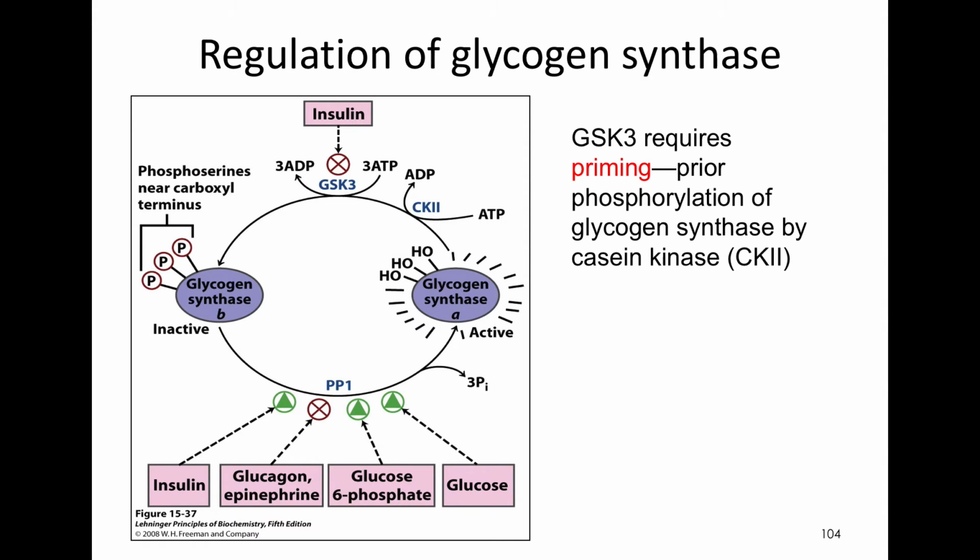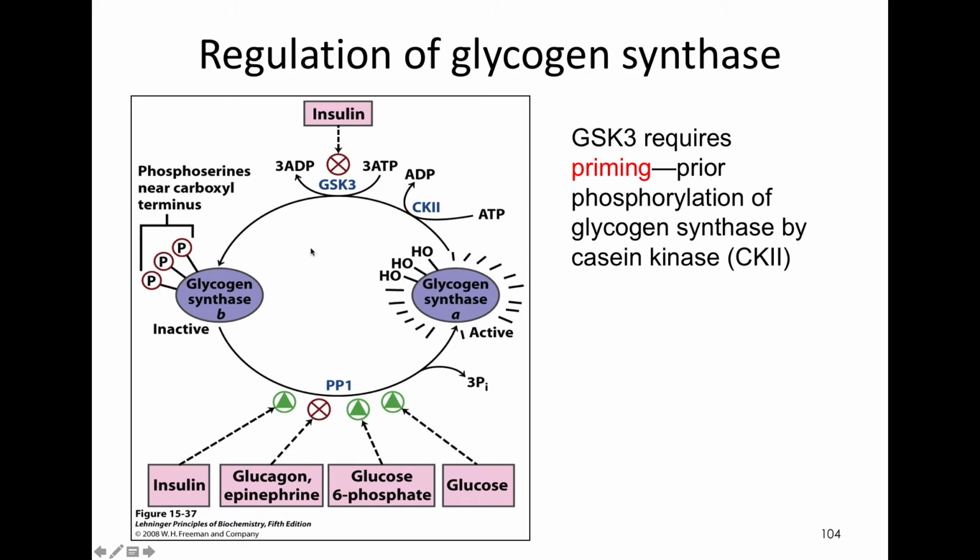Okay, so this is for the action of glycogen synthase. Glycogen synthase is active only when there is no phosphate group on it. The enzyme that phosphorylates glycogen synthase is called GSK3, glycogen synthase kinase 3.